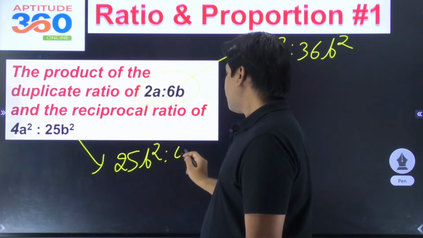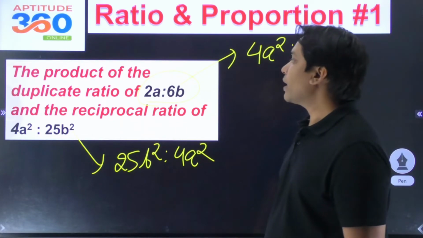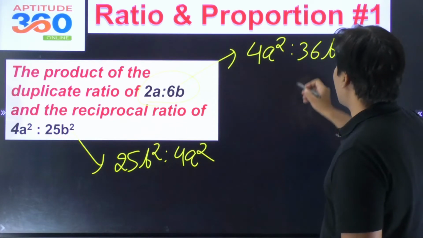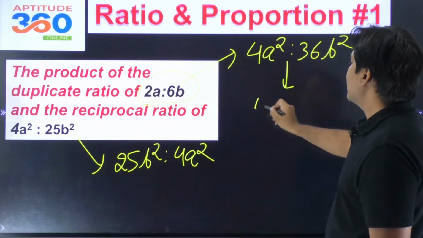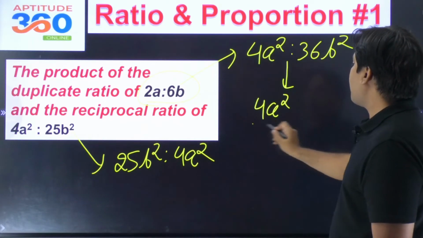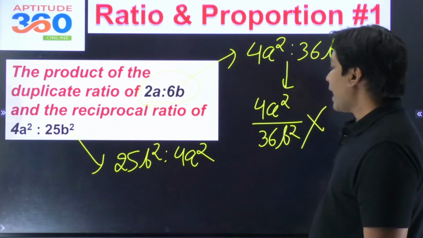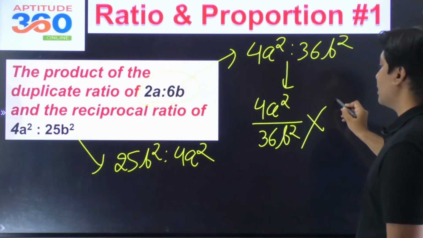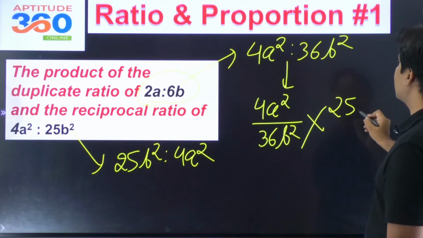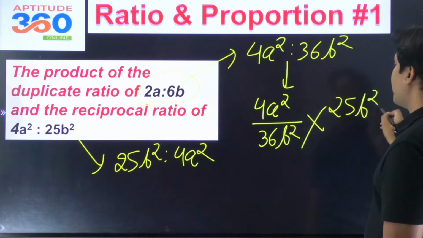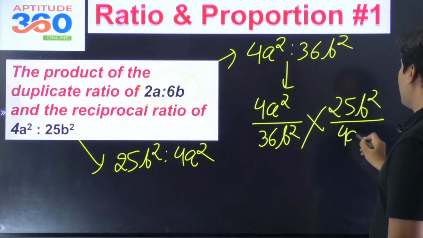This is to 4A square. And you have to find out the product. Can this be written as 4A square upon 36B square? And can this be written as 25B square upon 4A square?